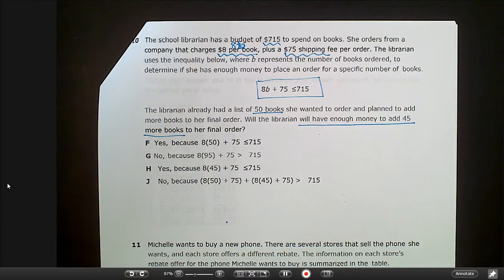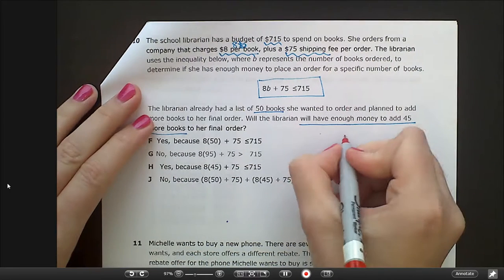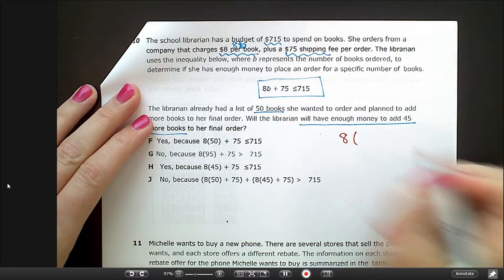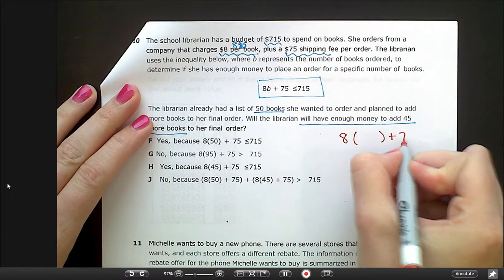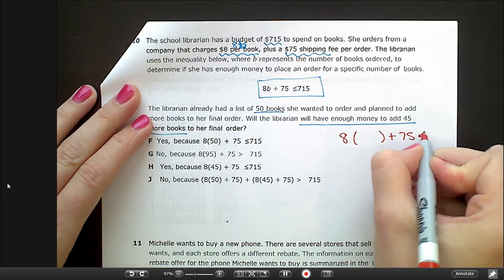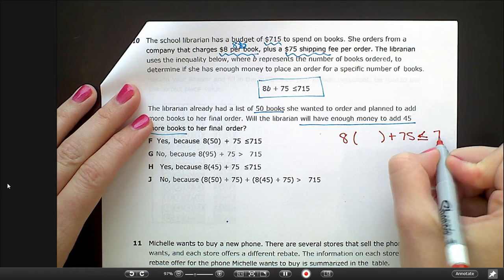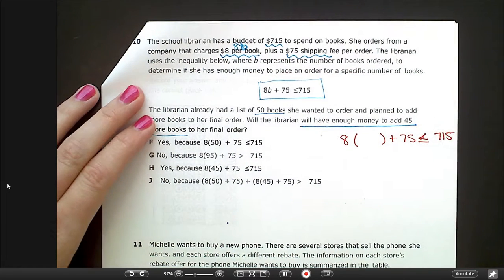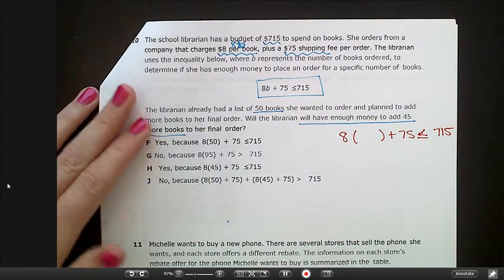So let's figure that out. We can just plug in what we're given. We know 8 times the number of books plus $75 for shipping needs to be either less than or equal to $715. If it's over $715, then she won't be able to order all of those.